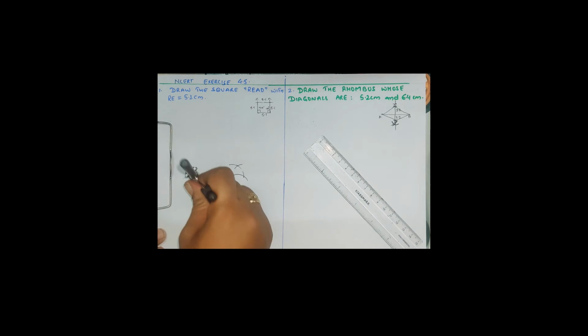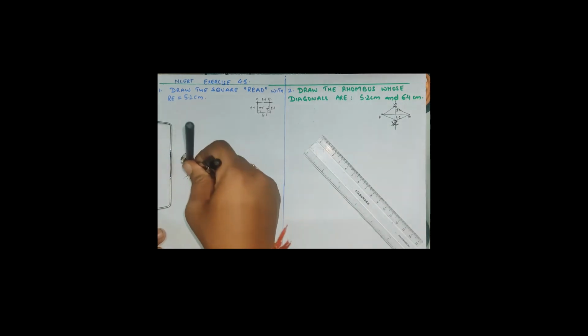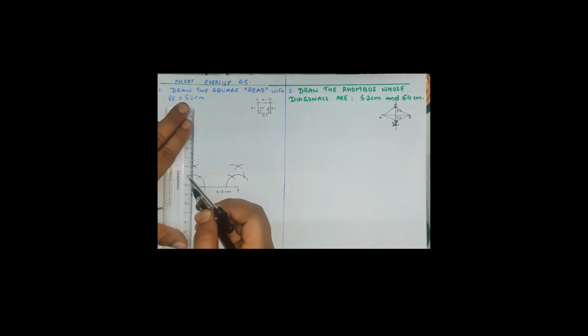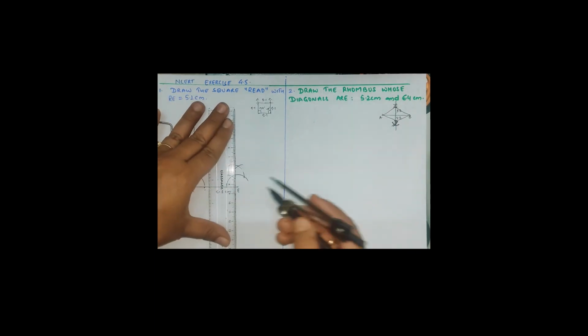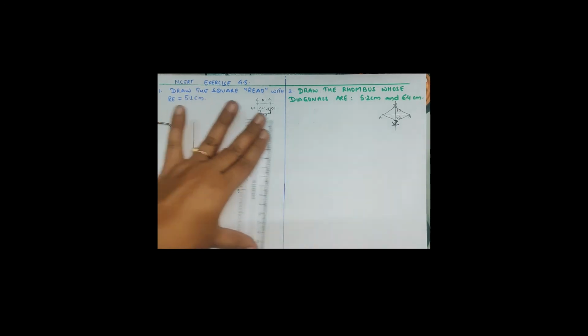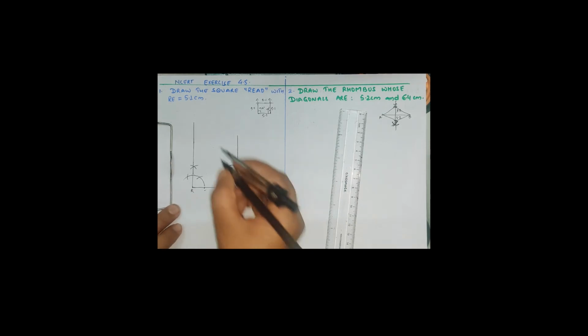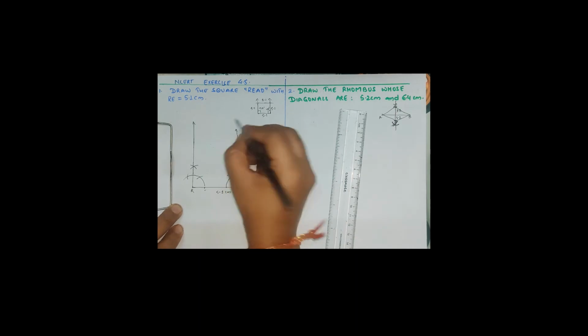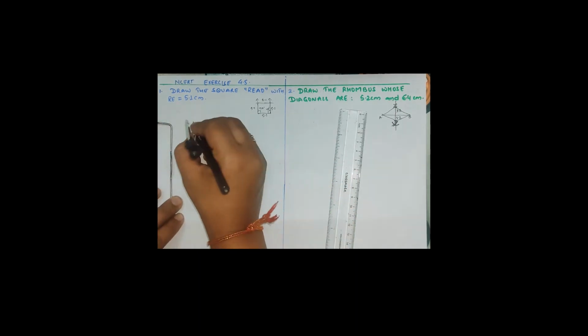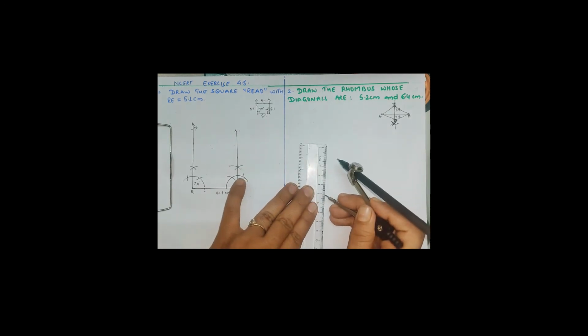First arc 60, second arc 60, in between 60 and 120 you will get 90. Like this. Thick. Now what is that? RX, and here you will take angle ERX will be 90 degrees. Okay, and from RX you need to cut RD of dimension 5.1 because all the sides of a square are equal.